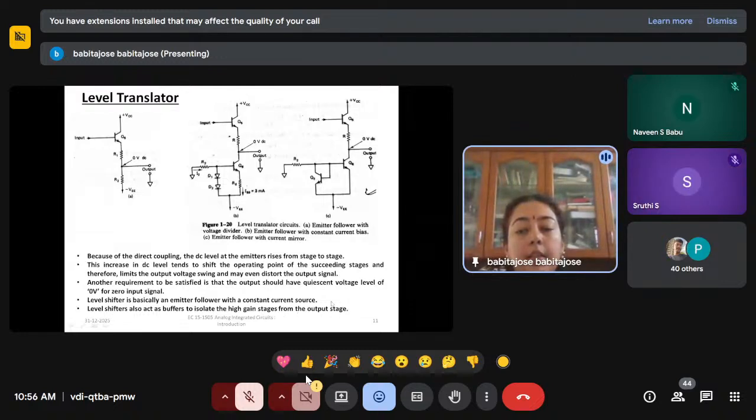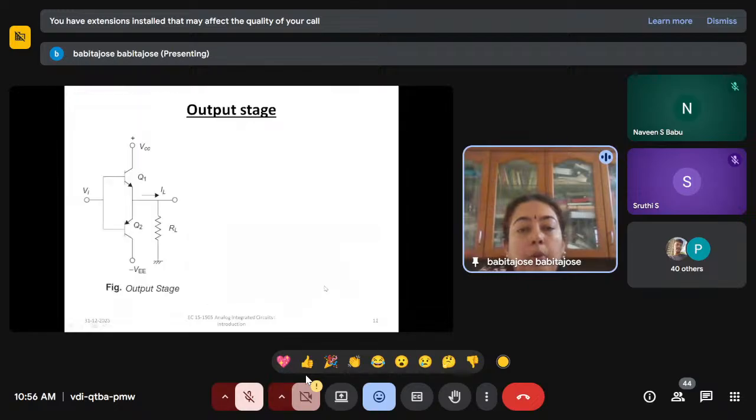And the last stage is the output stage, the fourth block. What is the function of the output stage, or the purpose of the last stage? The function of the output stage is to supply the load current IL and provide a low impedance output.